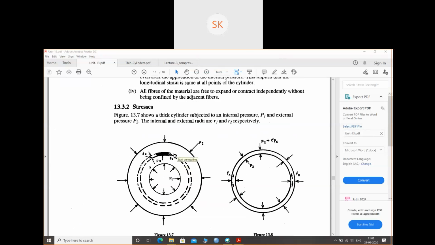For thick cylinders, we generally use Lamé's theory. Lamé's theory gives the relation between the radial stress and the circumferential stress with thickness.